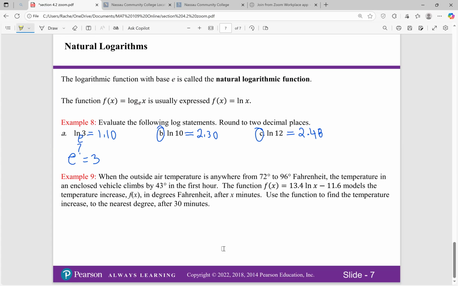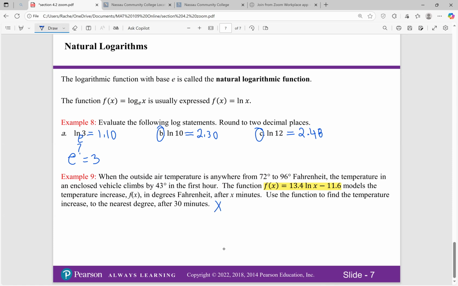So this function, let's try this again. There we go. So this function f of x equals 13.4 times the natural log of x minus 11.6 gives us the temperature increase in degrees Fahrenheit after x amount of minutes. So we want to predict the temperature increase after 30 minutes.